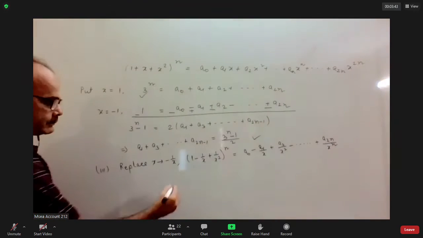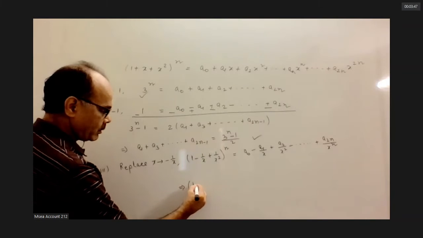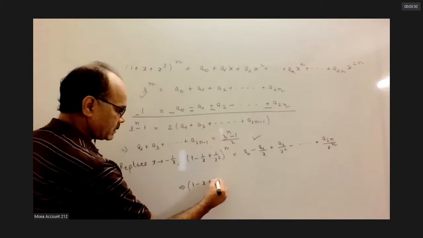If you take LCM, we get 1 minus x plus x square to the power n.